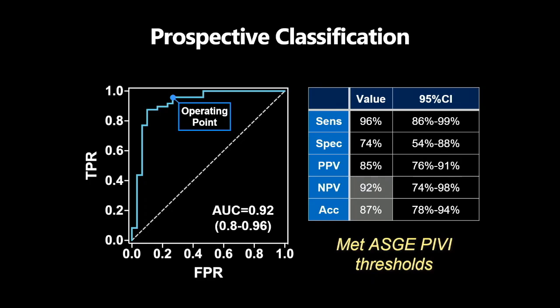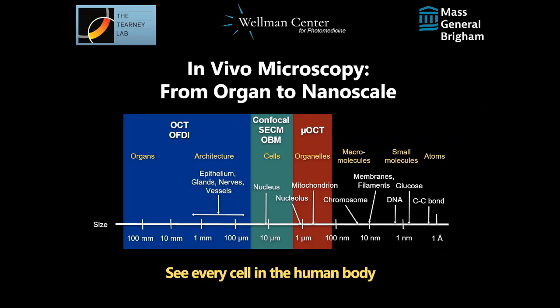And there's a standard in gastroenterology that says if you have a certain accuracy, then you can actually replace biopsy or excision with histology with this non-invasive or minimally invasive imaging technology, and we've met those thresholds. It's just really exciting. All right, so that's kind of a brief overview of some of the work that we're doing in OCT.